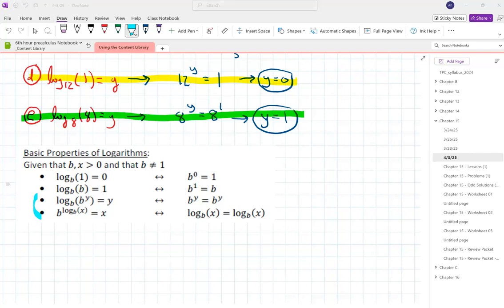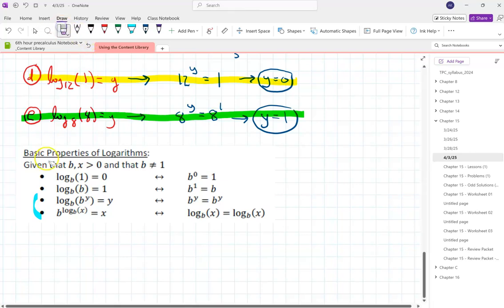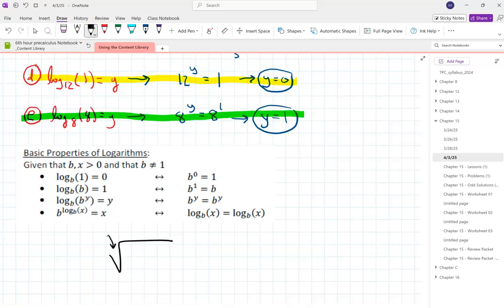So, let's keep moving forward. You know how when we have a radical, usually we put a number in here for the index, but there's one number that we never write in there. What number do we never write there? Well, we never write a 2 for the square root, right?